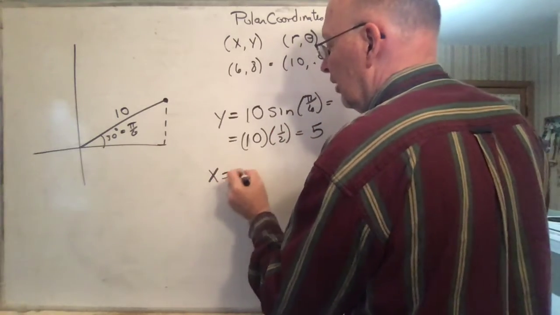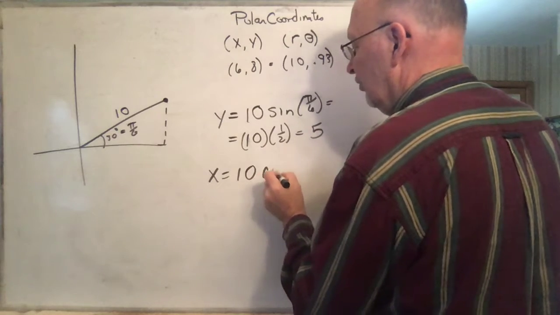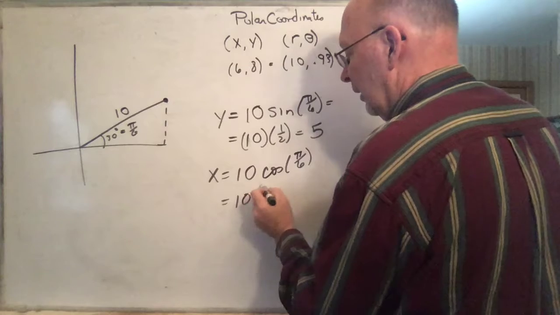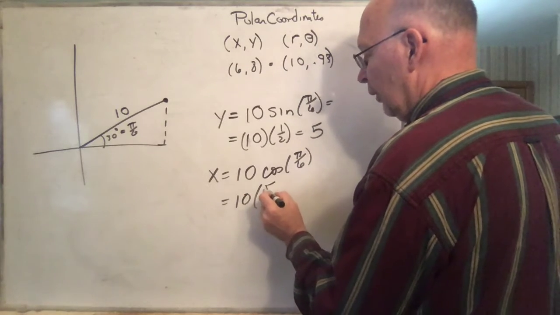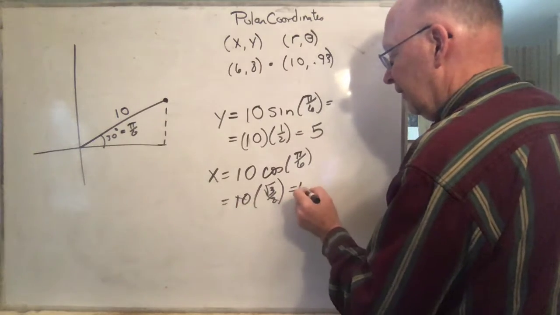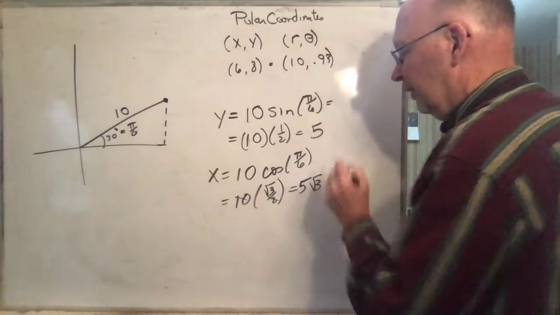And the x coordinate is going to be 10 times the cosine of pi over 6. What's the cosine of pi over 6? Square root of 3 over 2. So it's going to be 5 times the square root of 3.